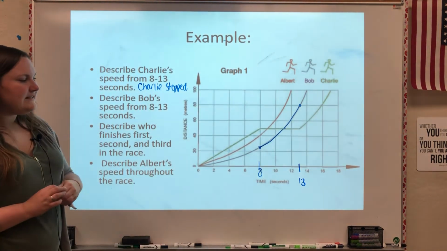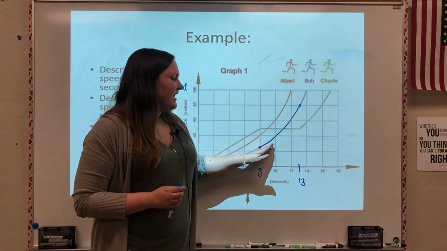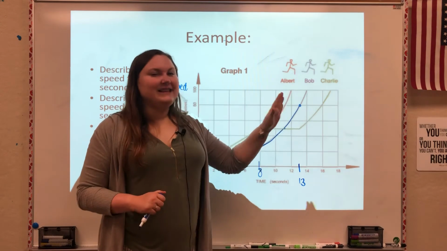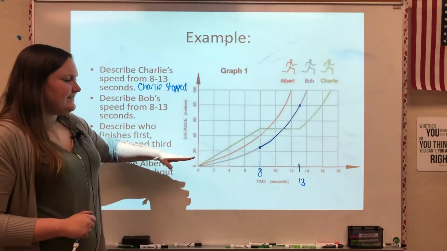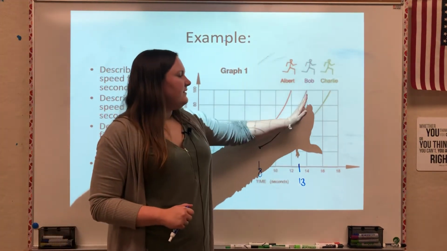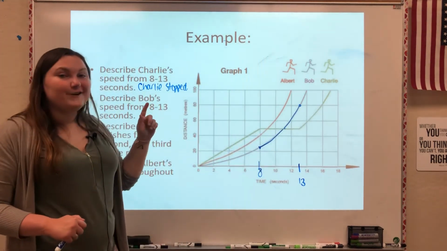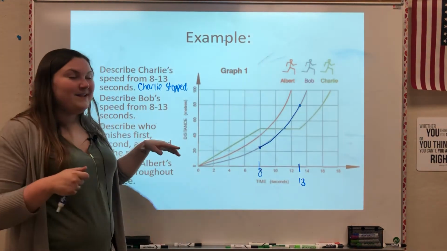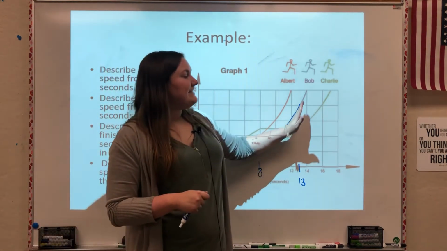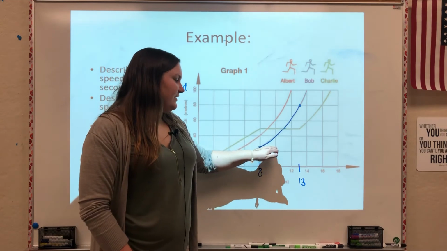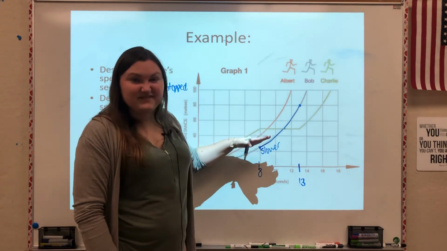Well, if you look at this line, it's curving ever so slightly. We learned a curved line like that means something. As the line is curving, when it gets up here and it's a lot steeper, it means he's moving a lot further in a shorter period of time. That means his speed is increasing here. Down here, this was when he was moving a little slower because the line is flatter.